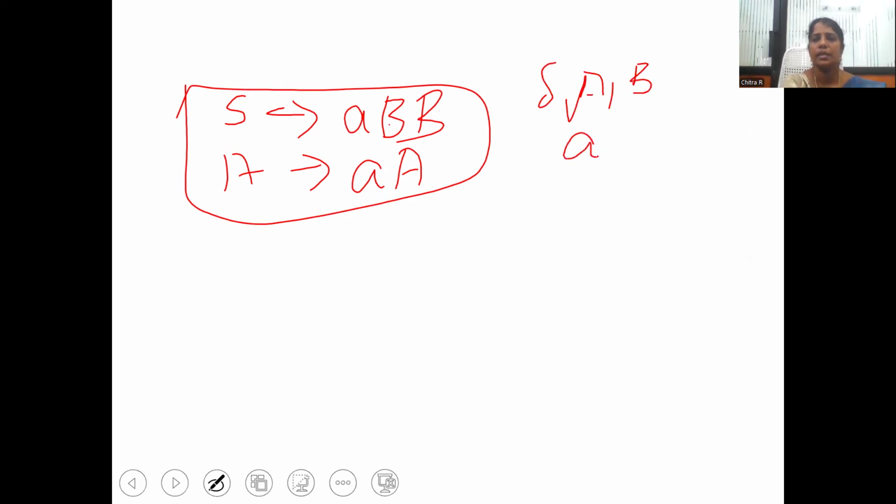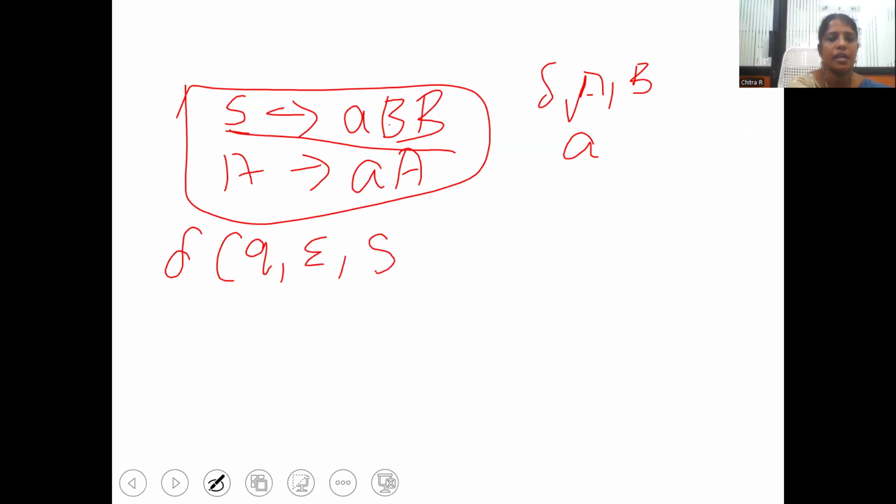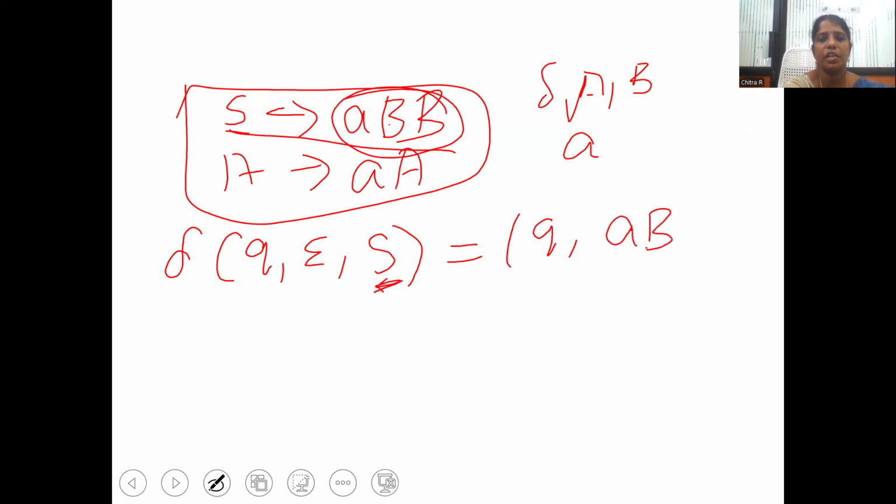Only a is the terminal. So I should write the transitions like this one. A tends to β, like this one. So I can write δ(q, ε, S), where the left hand side is S, equal to (q, ABB). What is there in the right hand side? ABB. So S can be replaced by ABB. That's the meaning of that.